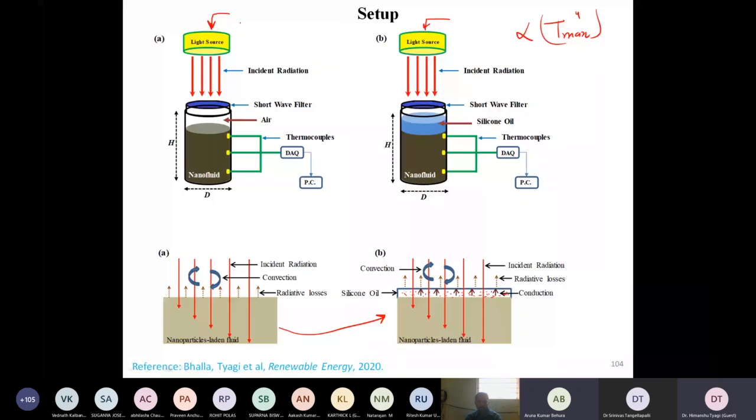In this case, more than that. 1000 watts per meter square is a typical value for sunlight, which is very dilute. In our laboratory condition, we can increase it. I don't remember the number, but it is at least 5 or 10 times this, so it could be 5,000 or 10,000.